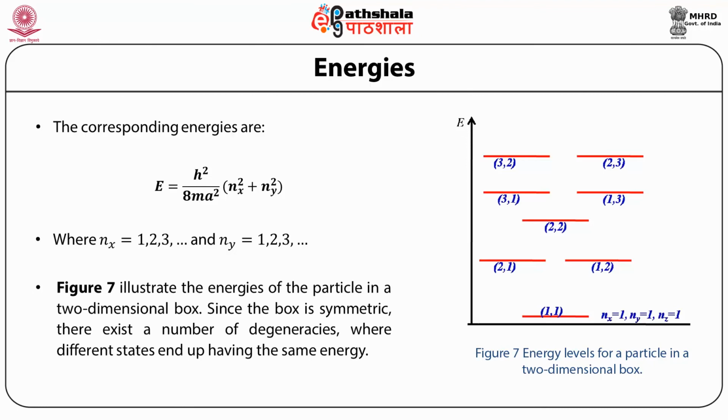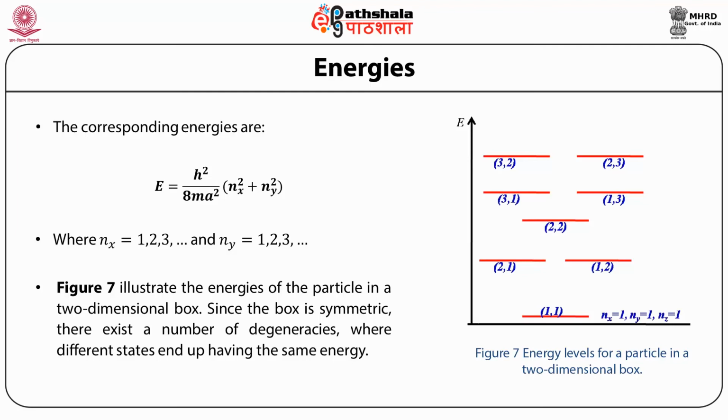So the figure over here illustrates the energies of the particle in a two-dimensional box. Since the box is symmetric, there exist a number of degeneracies where different states end up having the same energy.